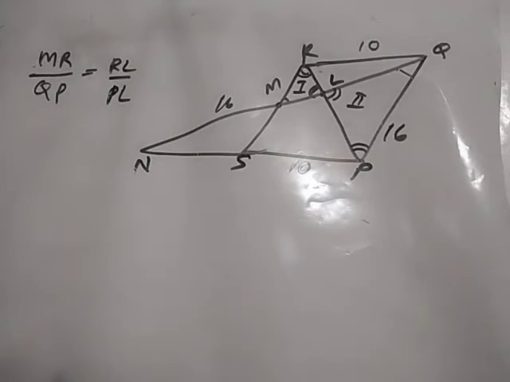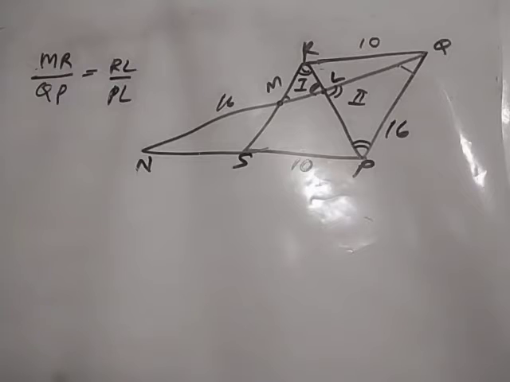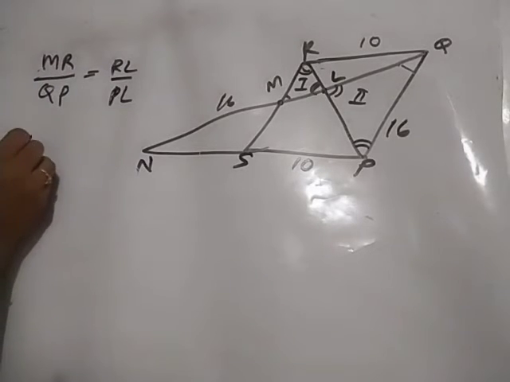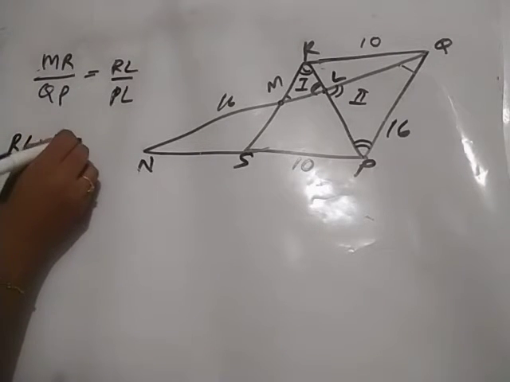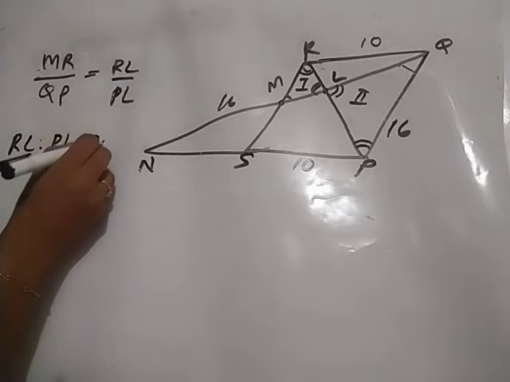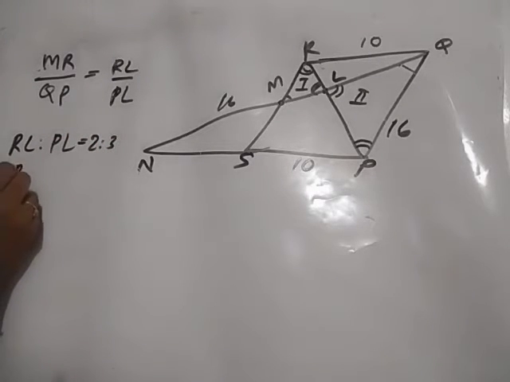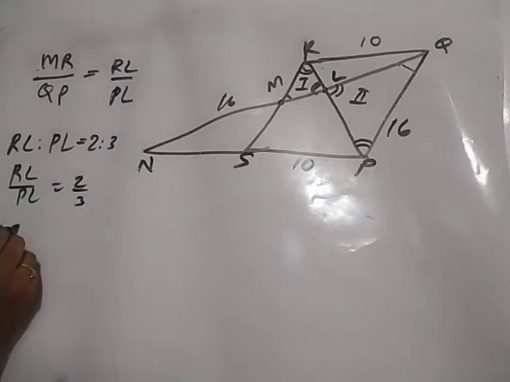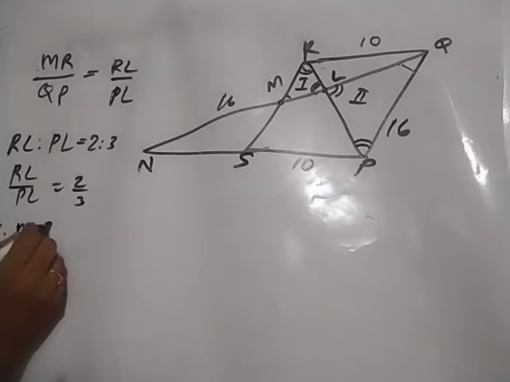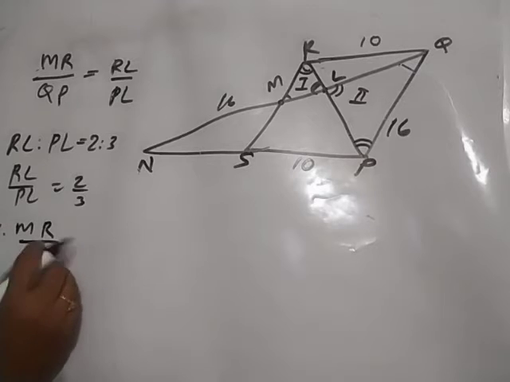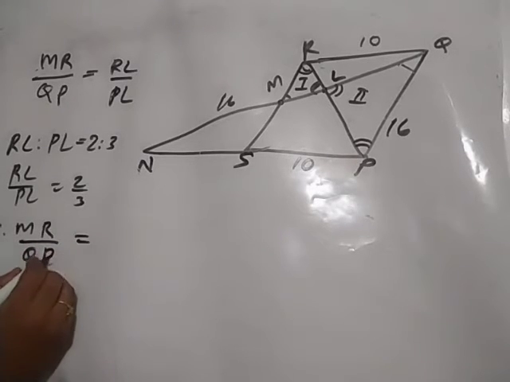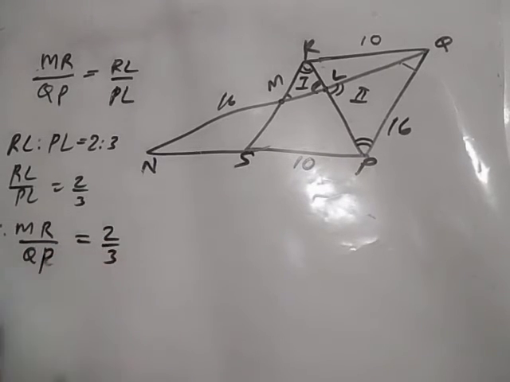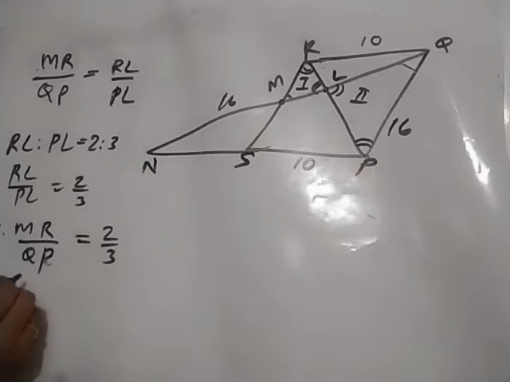We have this ratio. It is given in the question that RL is to PL is 2:3. So we can write RL by PL as 2/3. So this equation changes to, therefore MR by QP is equal to 2/3. Okay, MR by QP is 2/3 and QP is given.